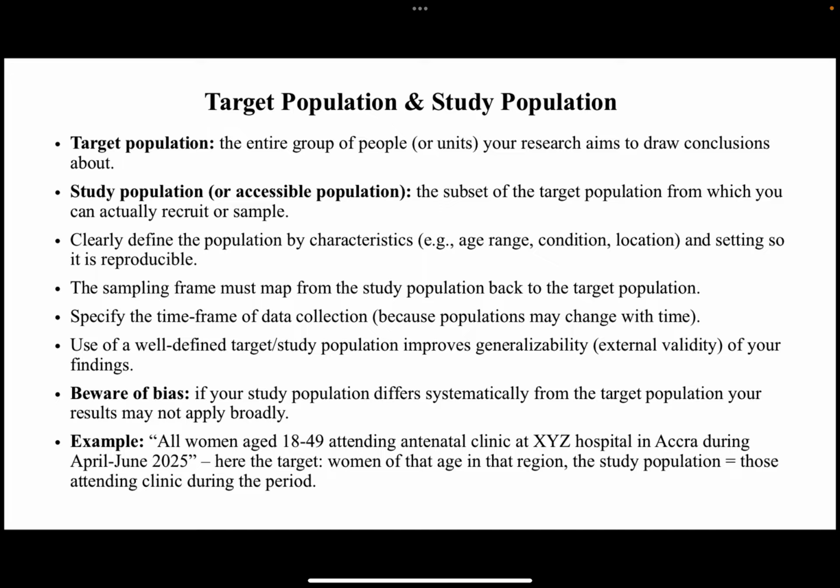Again, for example, all women aged 18 to 49 years attending an antenatal clinic at XYZ Hospital in Accra during April to June 2025. So you could see that here, the target is women between the ages of 18 to 49 in that region. The study population is equal to those attending the clinic during the period.